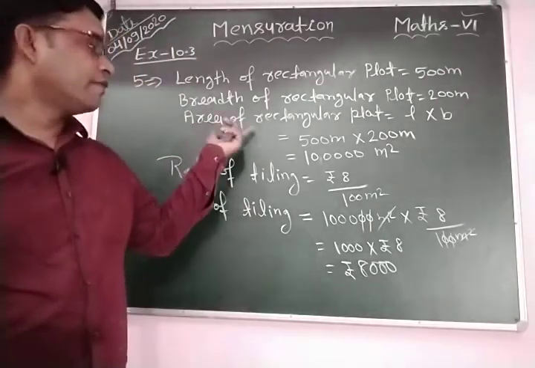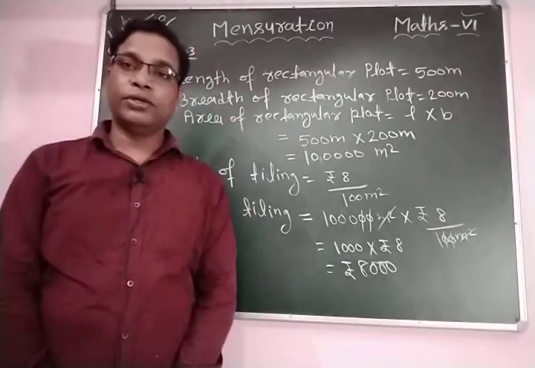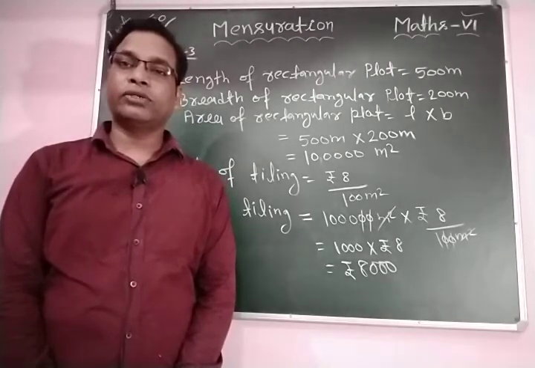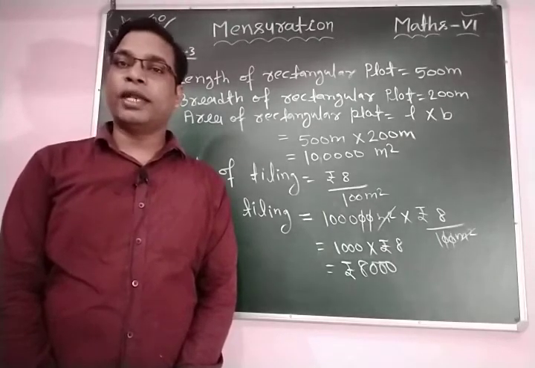So first we find the area, length into breadth, 500 meters into 200 meters, which is 1 lakh meter square.